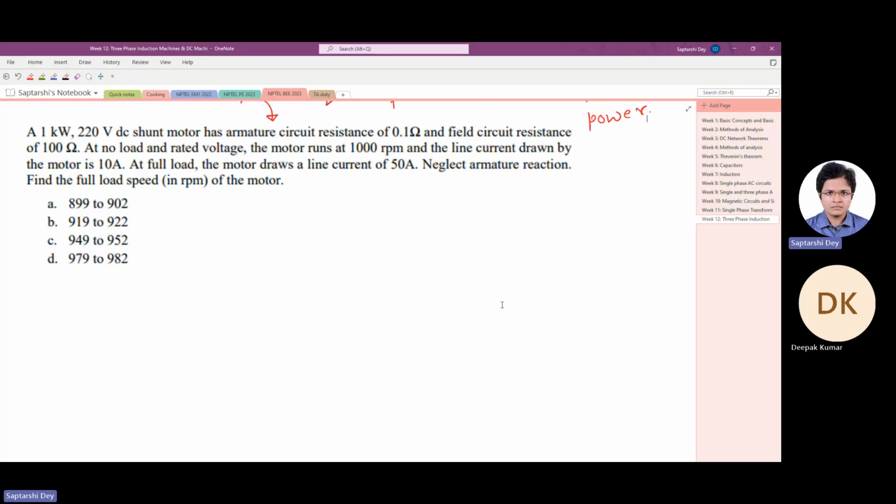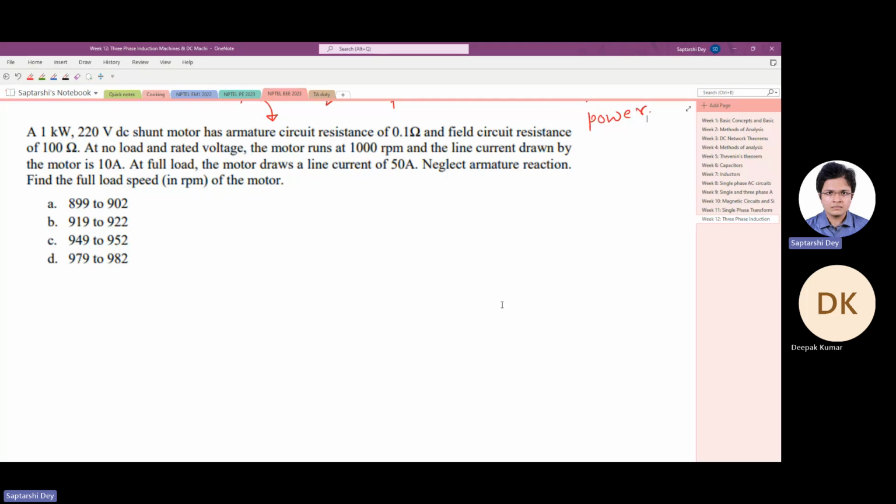This is required to supply the losses of the motor. So if it is 220 volt DC and drawing 10 ampere current, it is drawing 2.2 kilowatt at no load. So the machine losses are 2.2 kilowatt at no load.